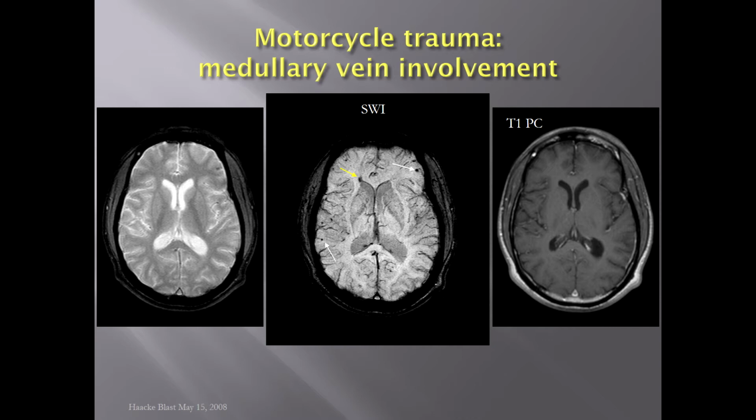In the central image, you can see by the yellow arrow that there's been some shearing injury by the septal vein, and in the white arrow on the upper left side of the brain, you can see a hemorrhage by the Peel vein. Although these are not major bleeds, they're still indicative that there was some damage done.